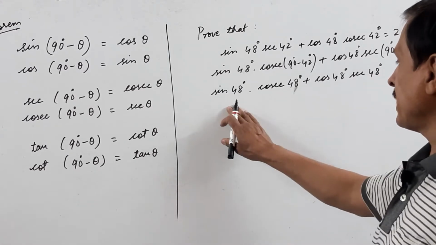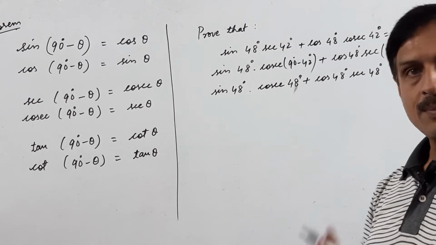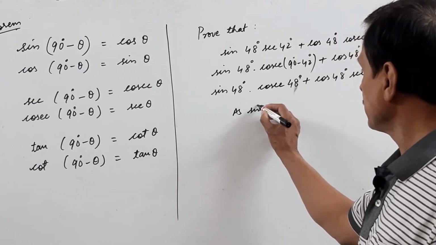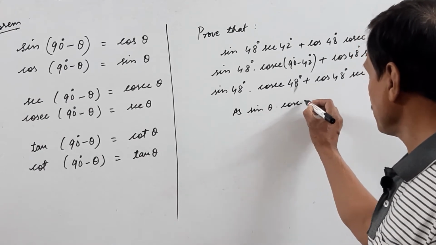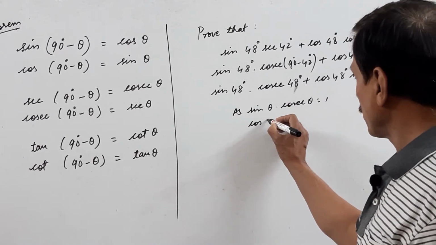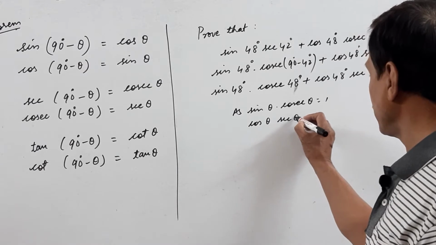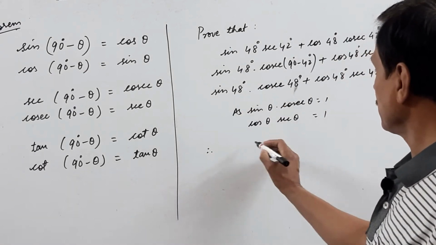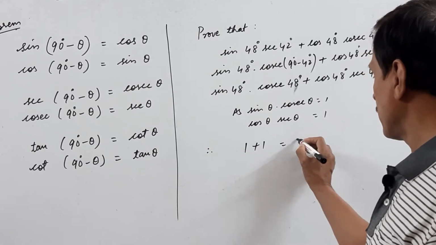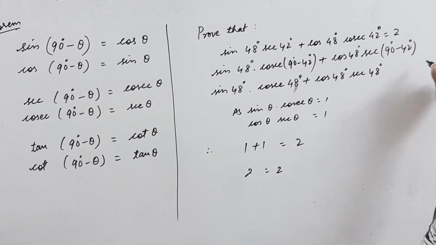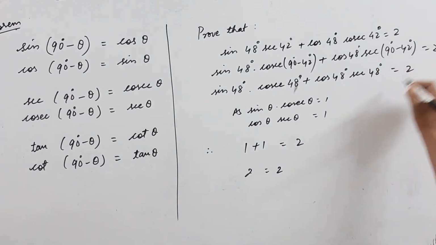We know sin theta into cosec theta is equal to 1 and cos theta into sec theta is equal to 1. Therefore, we replace the values. So 1 plus 1 is equal to 2. So LHS is equal to RHS. Hence proved.